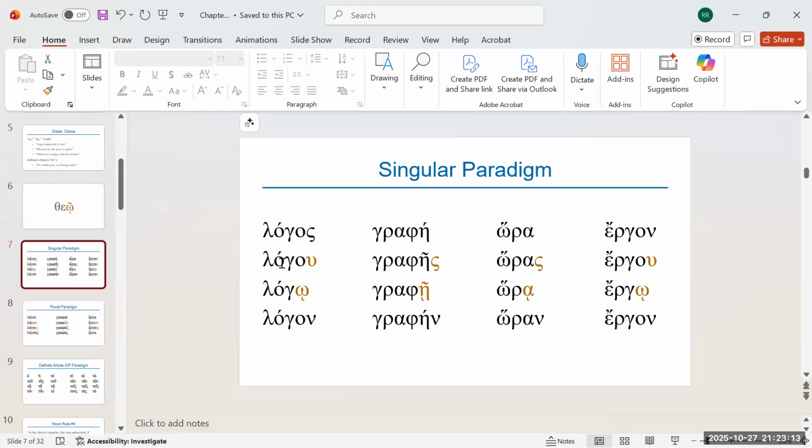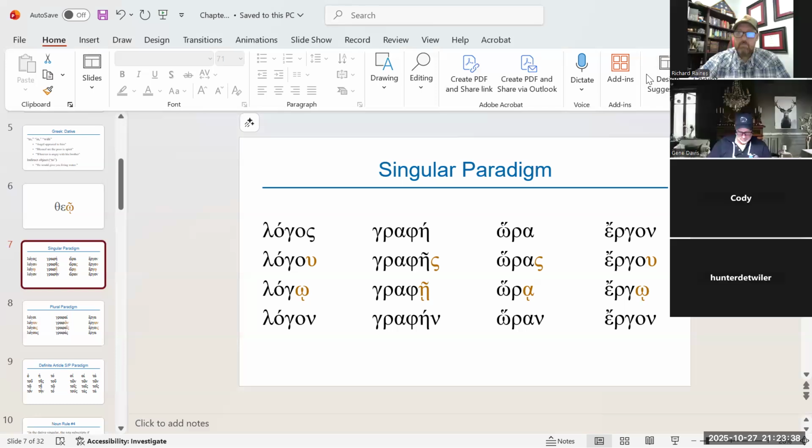So someone parse graphe for me. Remember, this column is masculine, this column is feminine, and this column is neuter. So someone parse graphe for me. Give me the gender first. Feminine. Okay.